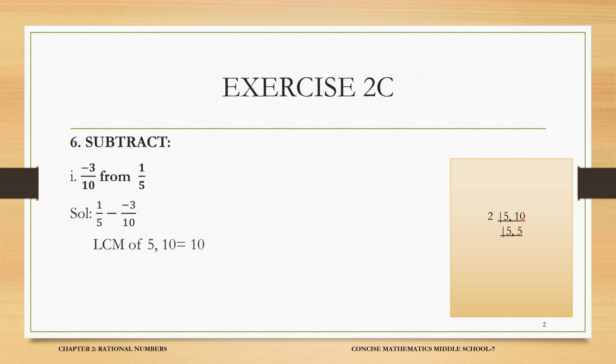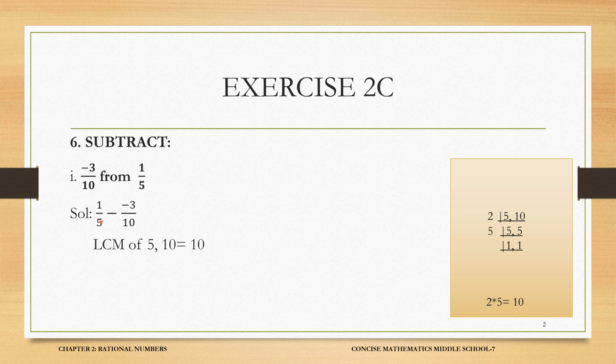And 5 you can write down as it is. Again 5 1s are 5. Just multiply these prime factors, that is 2 into 5. 2 into 5 will be 10. So LCM of 5 and 10 is 10. I hope you understood how to do LCM.